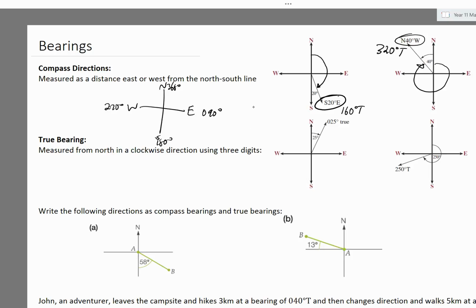From north, I've gone 25 degrees east, and here, from south, I've gone 70 degrees west. Okay, so south, 70 degrees west. How did I get to 70? I know all to here is 180, 250 all the way around, the difference between those two is 70.